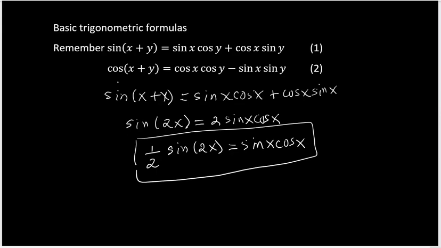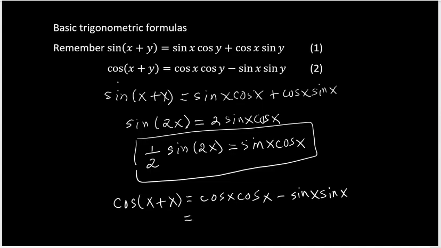From the second one, if I replace y by x, I'm getting cosine x plus x. That gives me on the right hand side cosine x cosine x minus sine x sine x. So this one basically cosine squared x minus sine squared x.